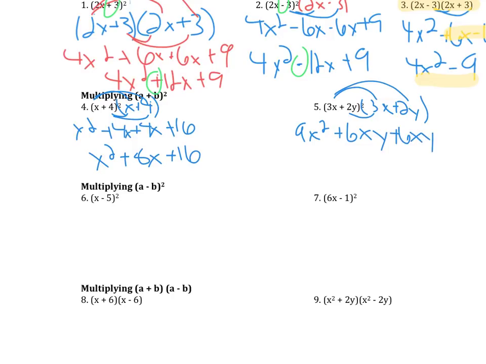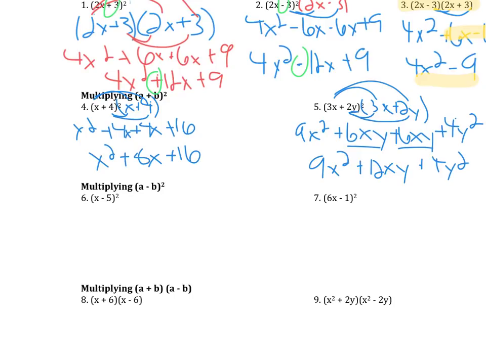I keep it the same, even though the y is in front here, because those end up being like terms. And then 2y times 2y becomes 4y squared. There's our like terms. So we get 9x squared plus 12xy plus 4y squared.